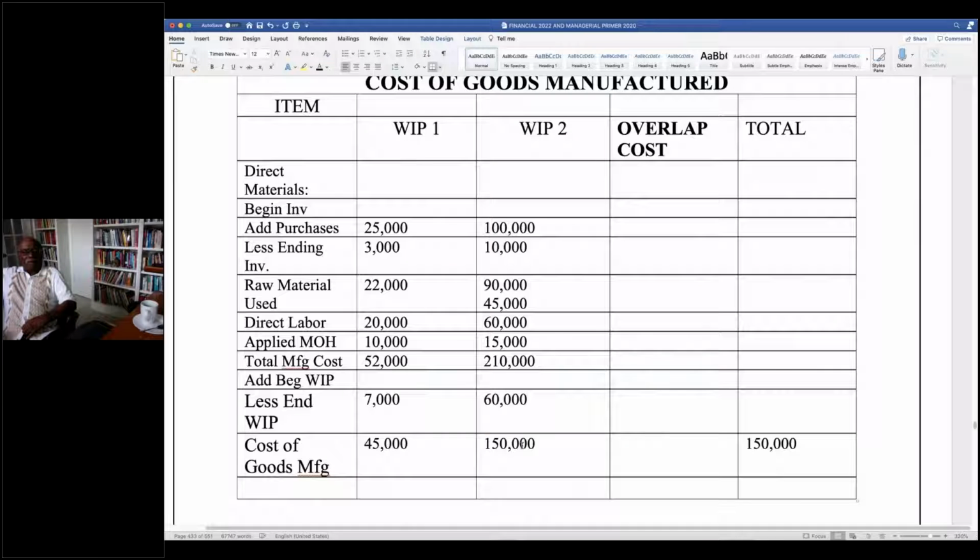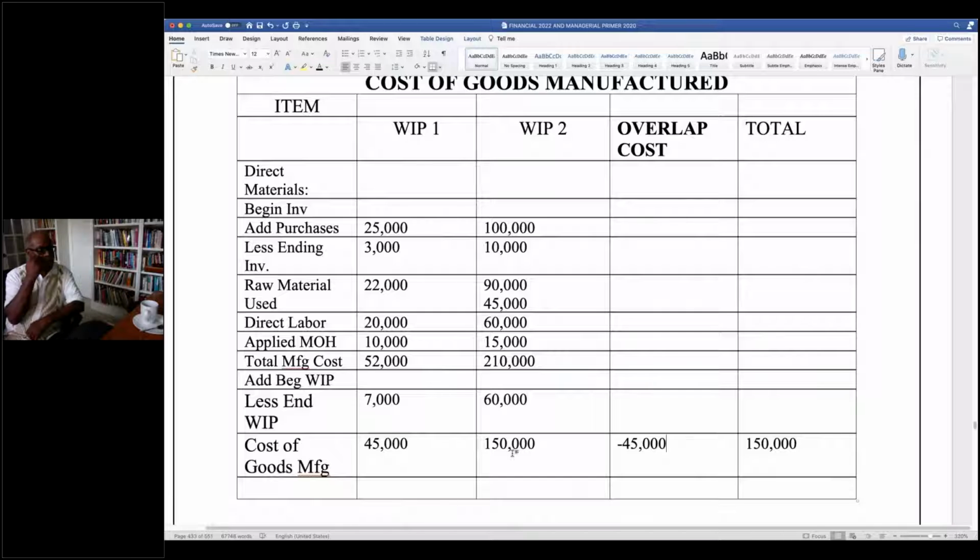You got to get the total. You got to add the WIP1 plus the WIP2, minus your overlaps, which would be 45,000. Oh, I missed the overlap. You can't count it twice. You can't count it down here, then stick it in here and count it again.